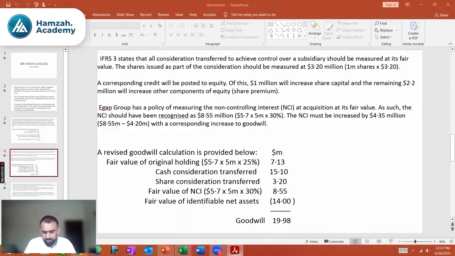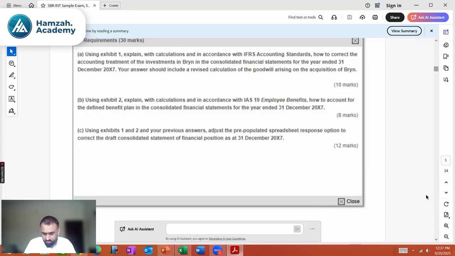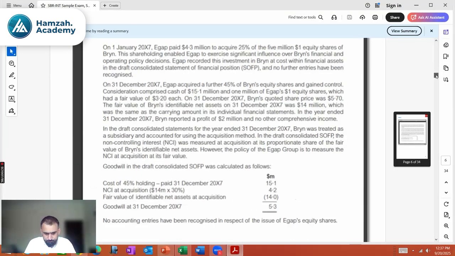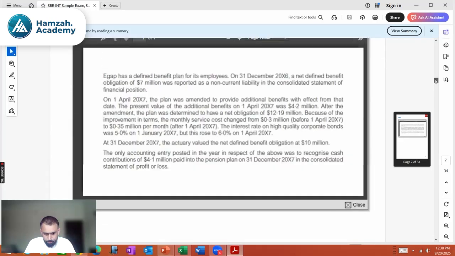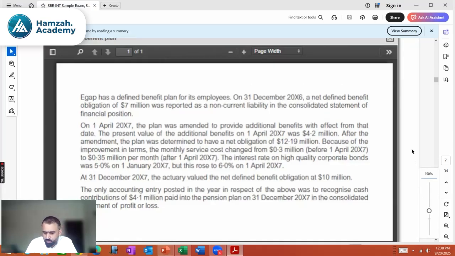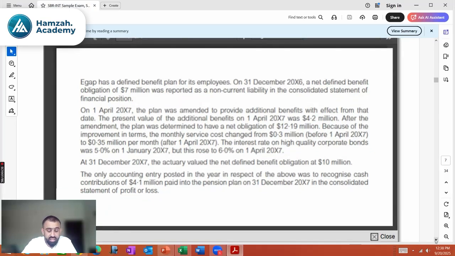For that purpose, let's first of all read Exhibit 2. And here we have Exhibit 2. So EGAP has a defined benefit plan. In a defined benefit plan, the employer records the net asset or net liability because it is the employer's responsibility to fulfill the defined benefit pension.